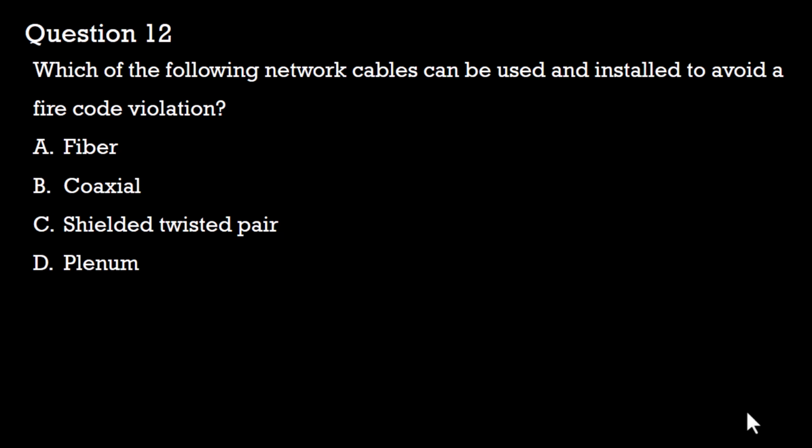Shielded twisted pair are similar to coaxial and fiber cables. However, a standard shielded twisted pair cable must be plenum rated in order to be used in plenum spaces to avoid fire code violations. A plenum cable is designed with a special fire-resistant jacket and low smoke materials to be installed in the plenum spaces of buildings.